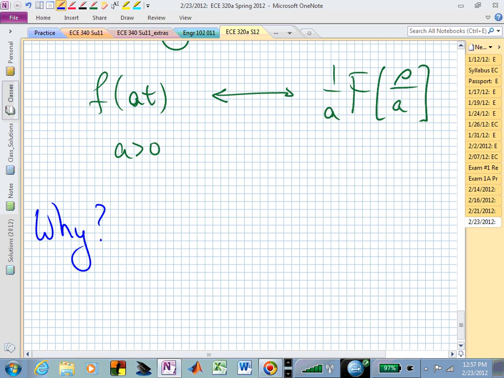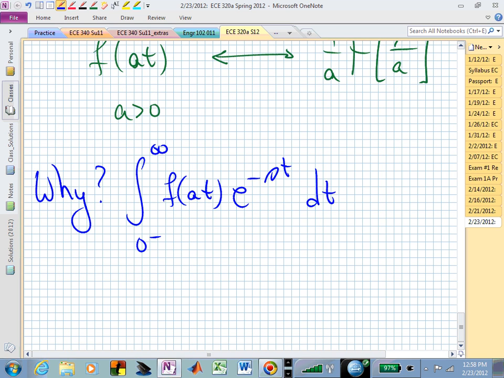What age are you when you always say why, 2, 3, what? All ages if you're an engineer, but here, why? Well, let's see. This is now the integral from 0 to infinity of f of at, e to the minus st dt. That's by definition the transform of f of at.